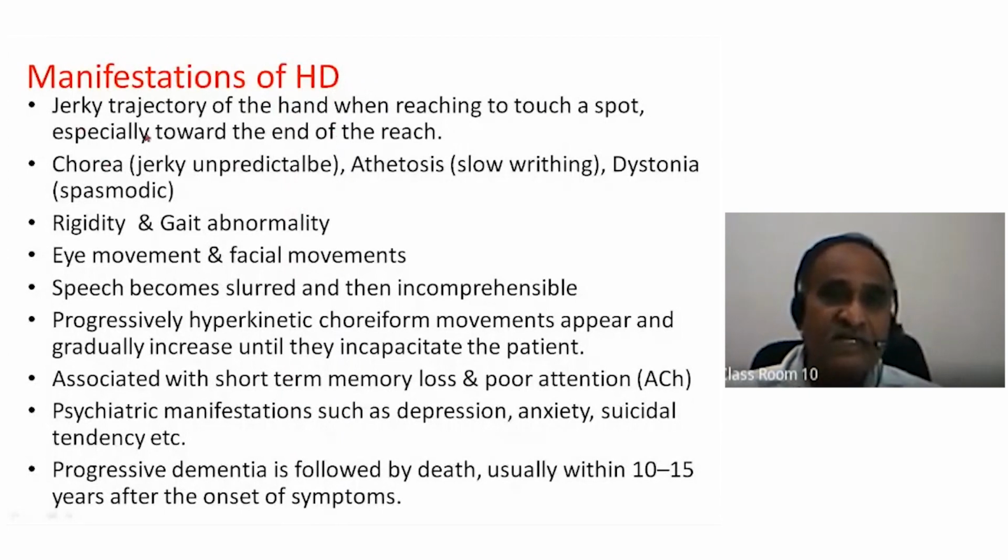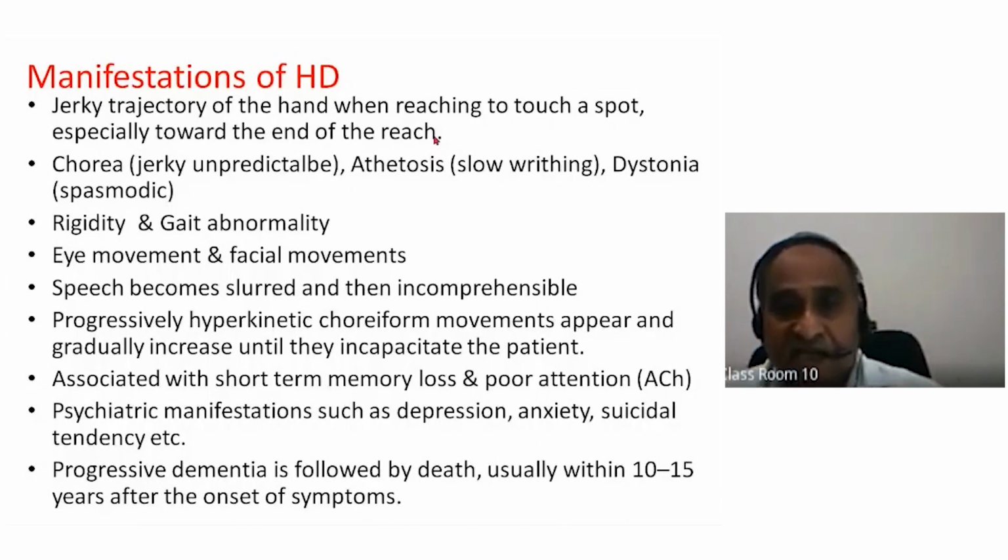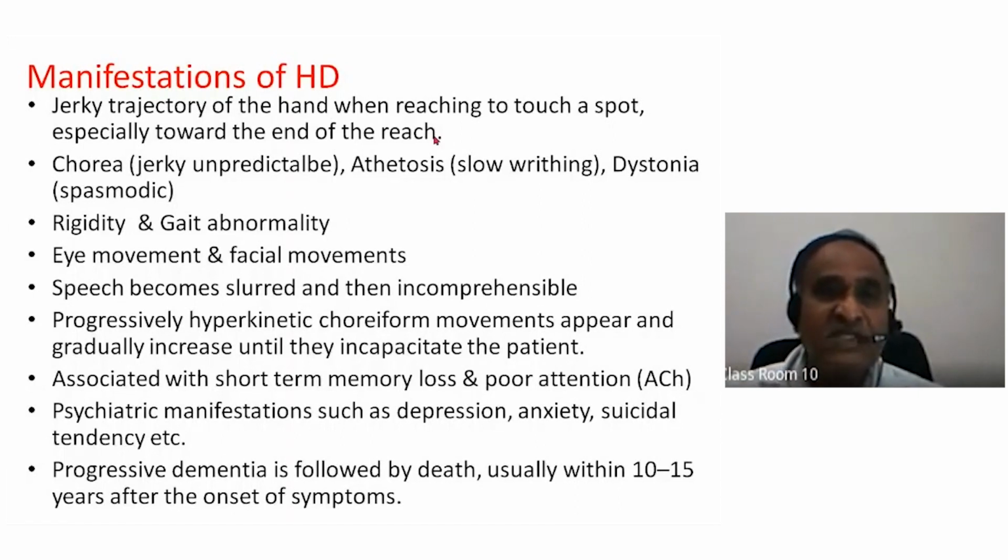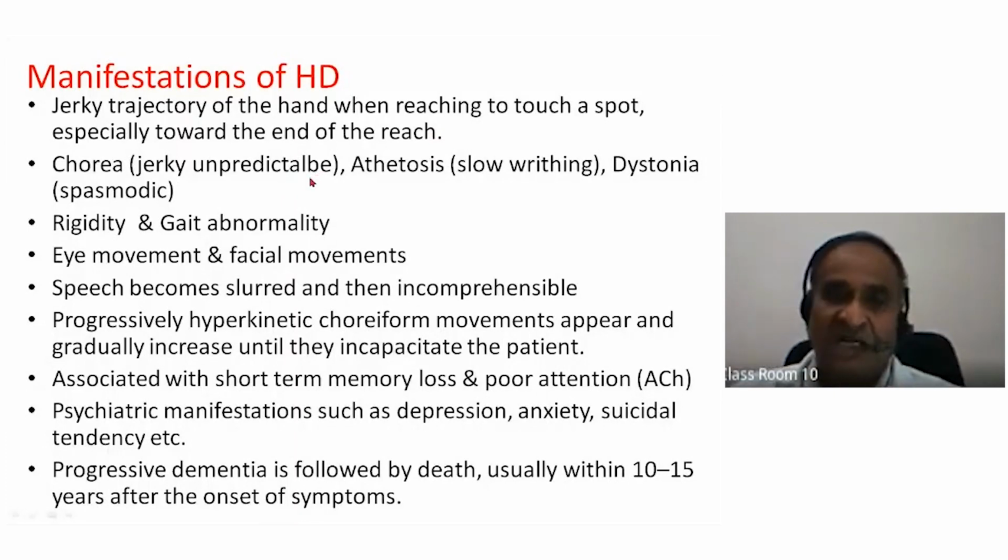Huntington disease manifests as a jerky trajectory of the hand when reaching to touch a spot, especially toward the end of the reach. So as the person tries to reach, there may be a twist. This is the beginning of the disease, and slowly it manifests as chorea, which is jerky, unpredictable movements of different magnitude involving all parts of the body.